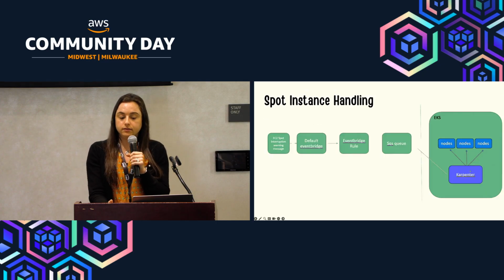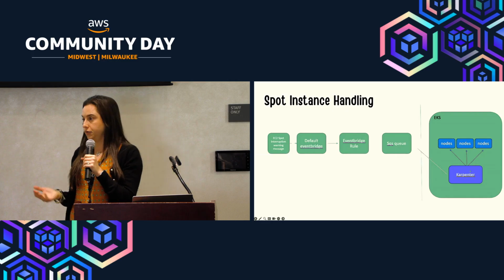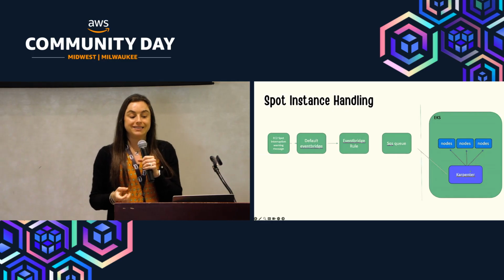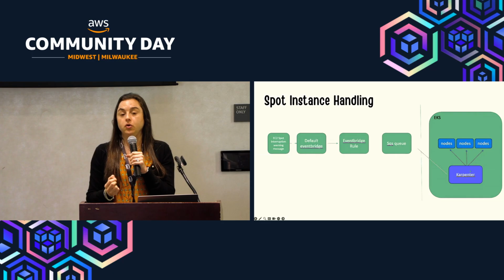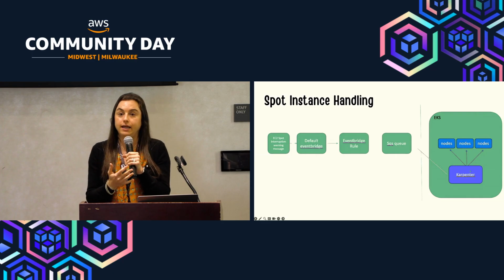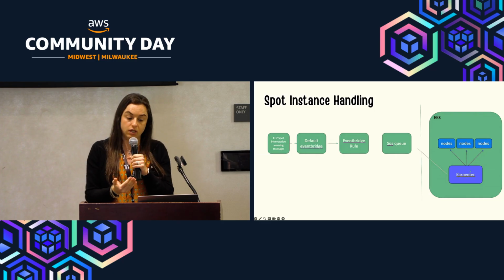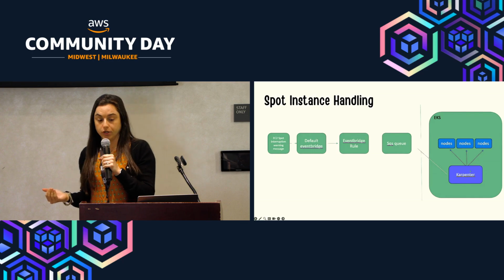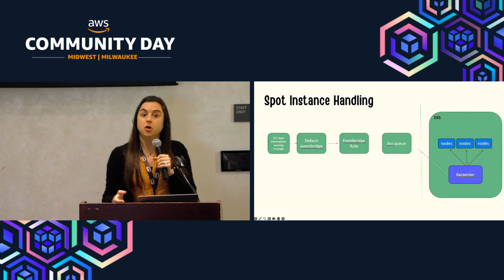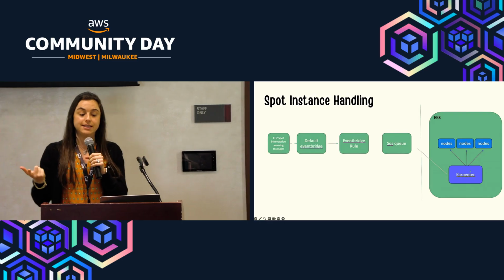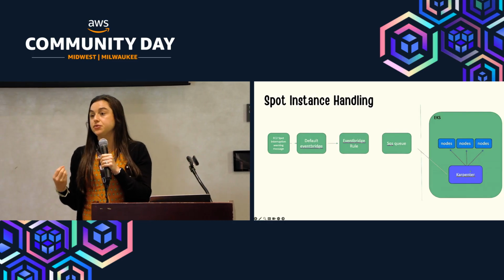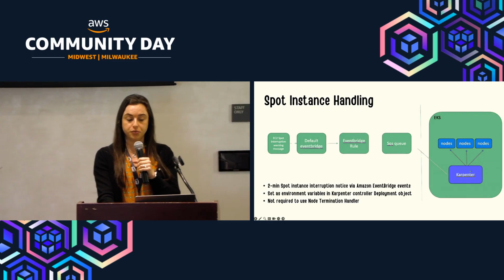Now, not only that, Spot is great for cost savings, but it is very volatile. If you're running your workloads and then the Spot is cut, it's going to disrupt your workloads unless you have a smart handler. And Karpenter does that for you. It has native support for Spot interruptions.